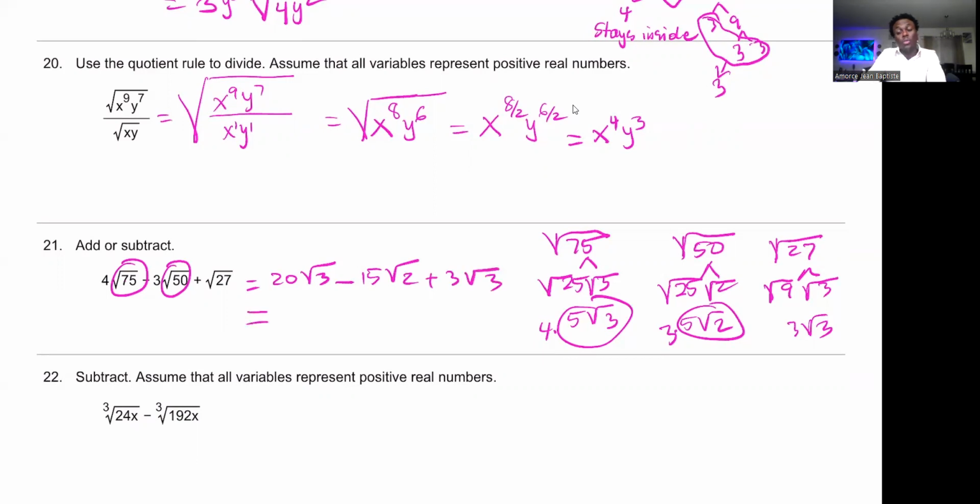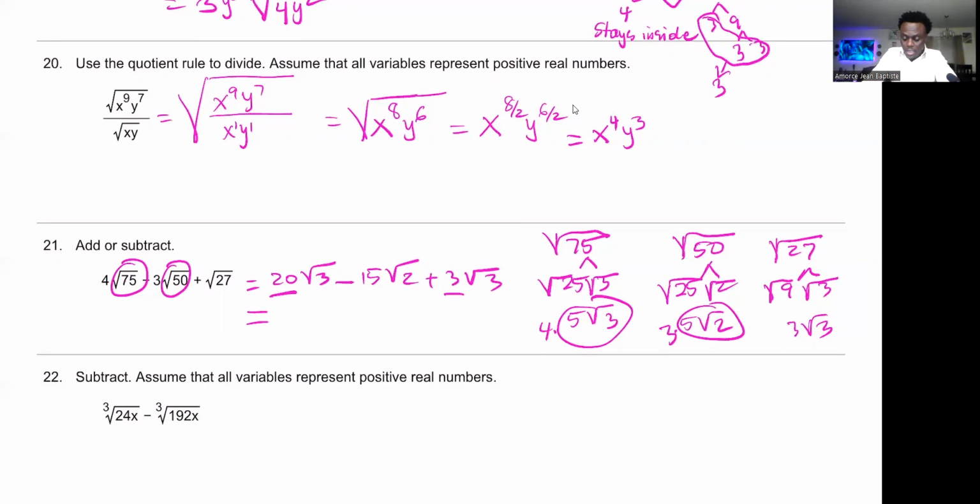Like radicals, we saw that in class, right? So like radicals, you can add the coefficients and keep the radical just like it is. These two are like. So then that will take me to 20 plus 3. Do not touch the inside of the radical and do not touch the index when you're adding.